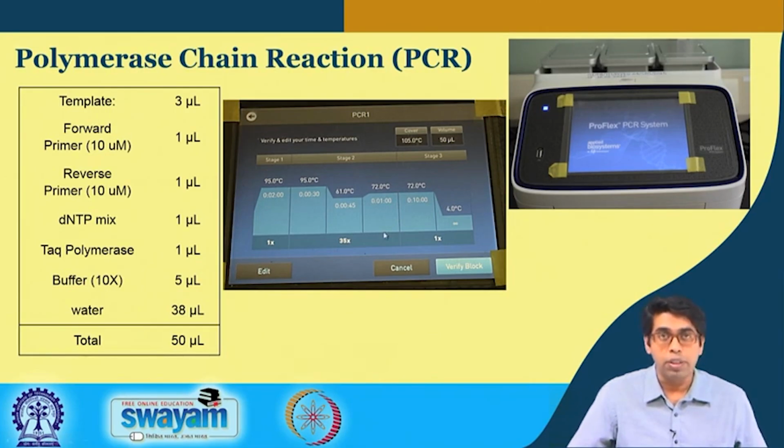Based on that information you will set this elongation time, and then these 3 steps are repeated 35 times. Finally, we have a longer elongation time, so that all the products which were half done will get completed, and then you bring the whole system down to 4 degrees centigrade.